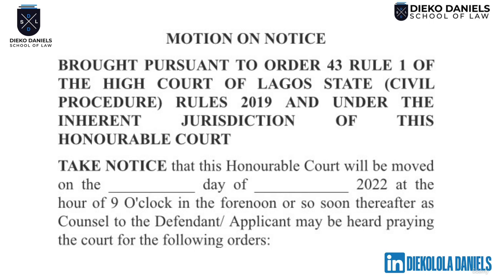How do we couch it? We couch it the way normal motions are couched. Take notice that this honorable court will be moved on the dash day of dash 20 dash at the hour of 9 o'clock in the forenoon or so soon thereafter as counsel on behalf of the claimant applicant or the defendant applicant, as the case may be, heard, praying this honorable court for the following reliefs or for the following orders. Do you understand that?